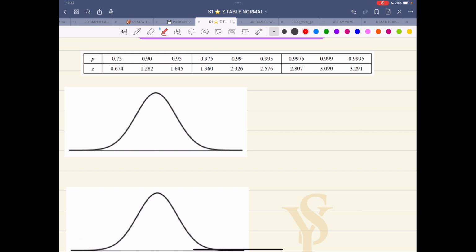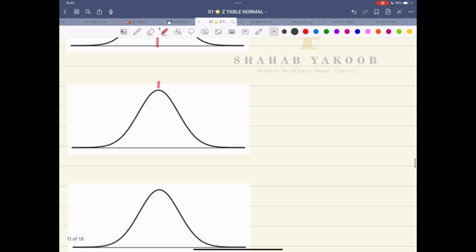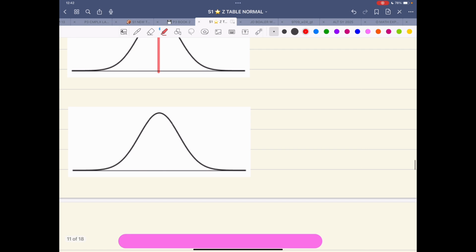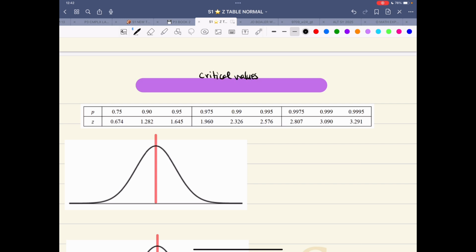So first of all, let me draw a vertical line in all of them. So I'm drawing a vertical line like this for each of them. And there would be one other concept that I'll explain over here. First of all, these are known as critical values. So over here, critical values. And it can work both ways, Z to P or P to Z.